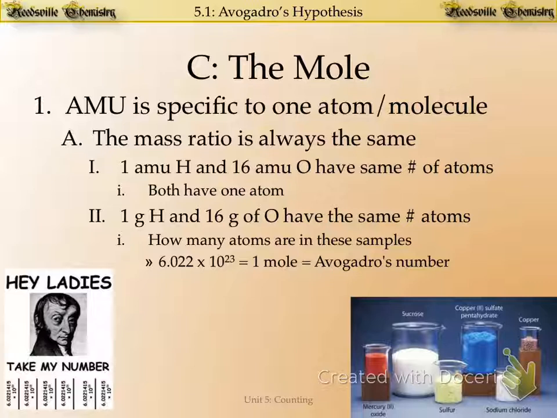So the copper that you see on the far right side has 6.022 times 10 to the 23rd copper atoms. The sucrose, or the table sugar, the white stuff on the left, has 6.022 times 10 to the 23rd sucrose molecules. And the sulfur has 6.022 times 10 to the 23rd sulfur molecules. There you go. So that's the mole.